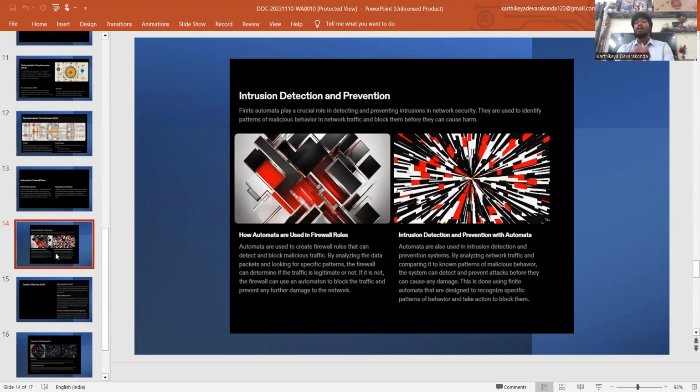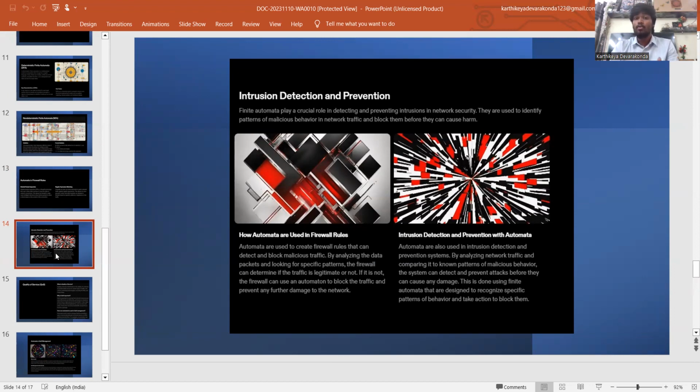Now we'll discuss how automata are used in firewall rules. Automata are used to create firewall rules that can detect and block malicious traffic. By analyzing the data packets and looking for specific patterns, the firewall can determine if the traffic is legitimate or not. If it is not, the firewall can use an automaton to block the traffic and prevent any further damage to the network.